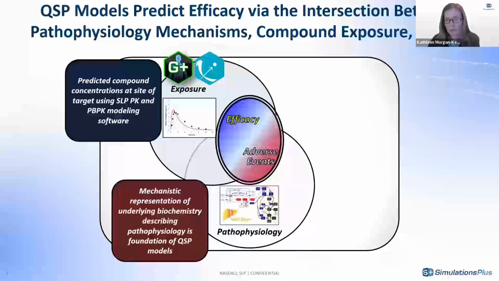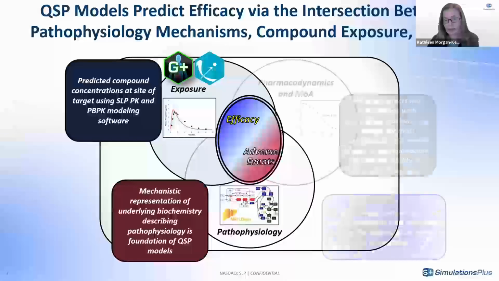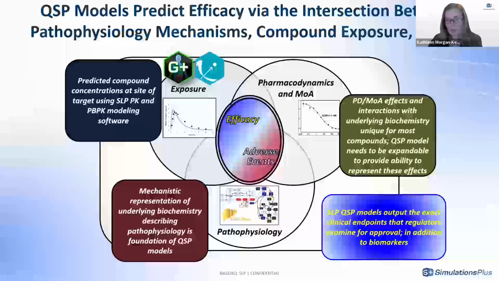Next, the models are informed by PD and mechanism of action effects and the interactions with underlying biology that is specific to each compound. Ultimately, QSP models output the exact clinical endpoints used by regulators to examine therapies for approval, in addition to biomarkers.